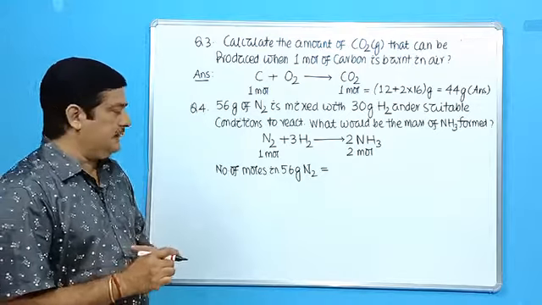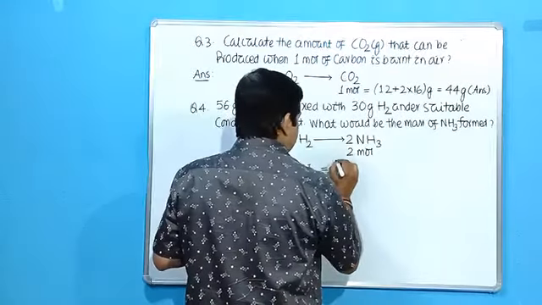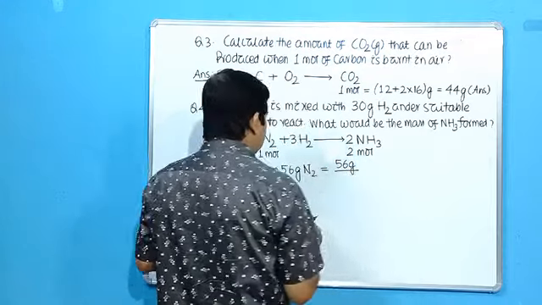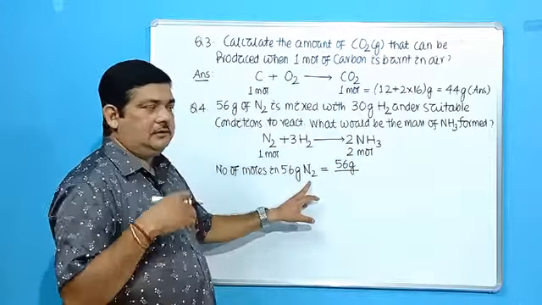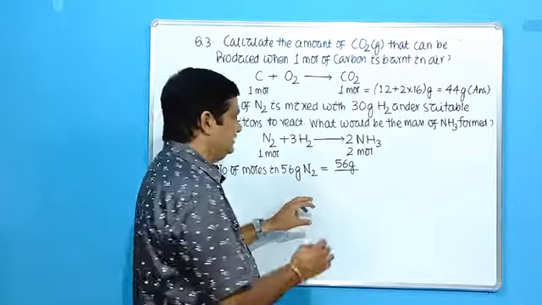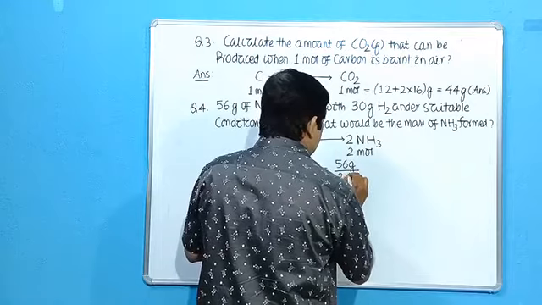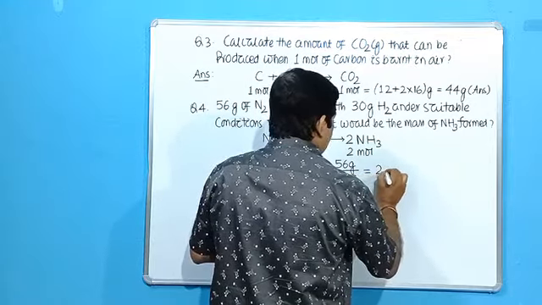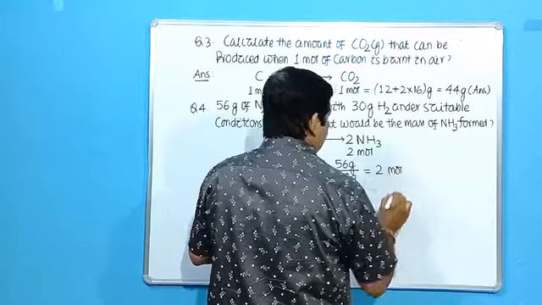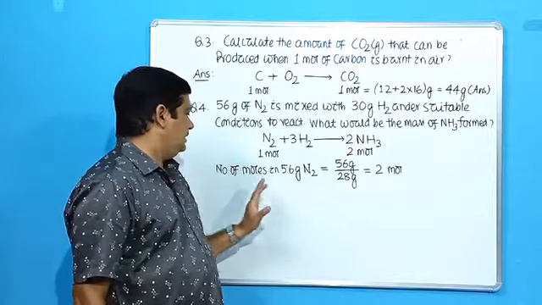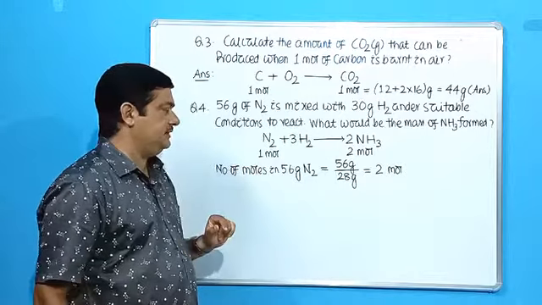I have already told you the formula. So what is the given mass? 56 gram. Molar mass of nitrogen: the atomic mass is 14, N2 means it will be 28. So molar mass is 28 gram. That means how many moles? 2 moles. So there are 2 moles of nitrogen in 56 gram of it.